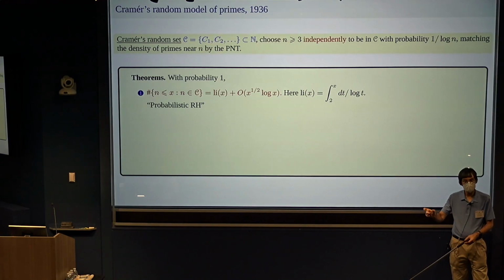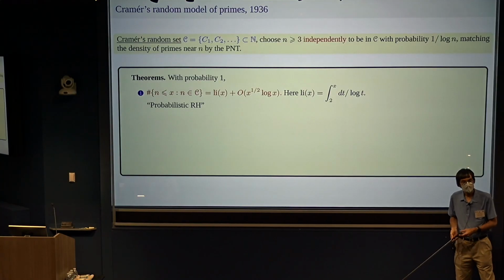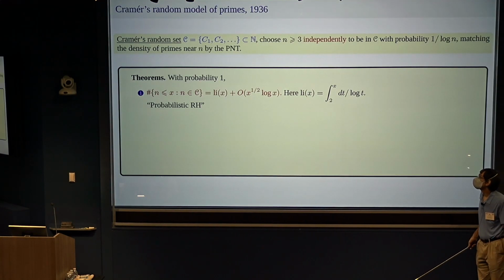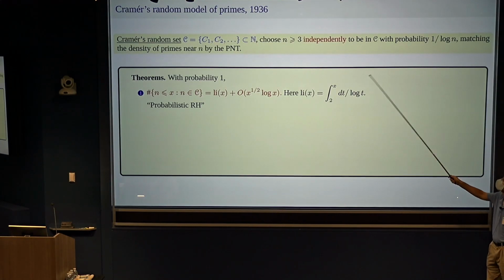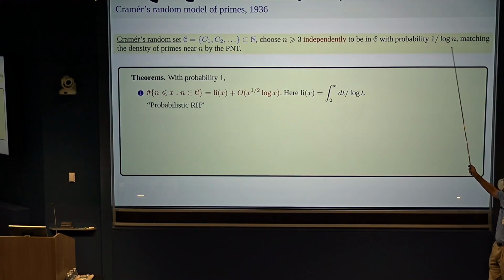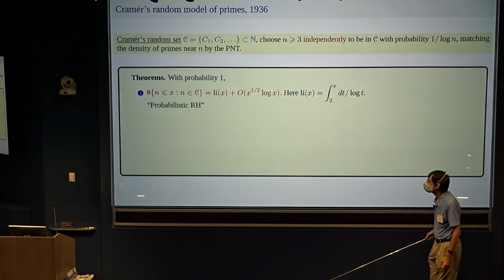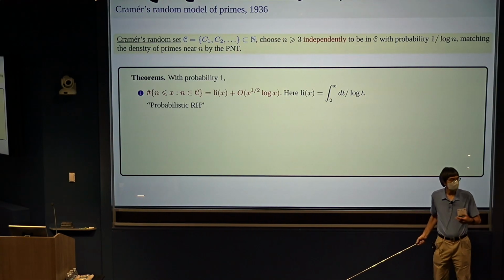And the ones that are heads, you add to your set. And you do this independently. So you choose numbers independently to be in your set with probability 1 over log n. And because of independence, you can very easily prove certain facts about this.